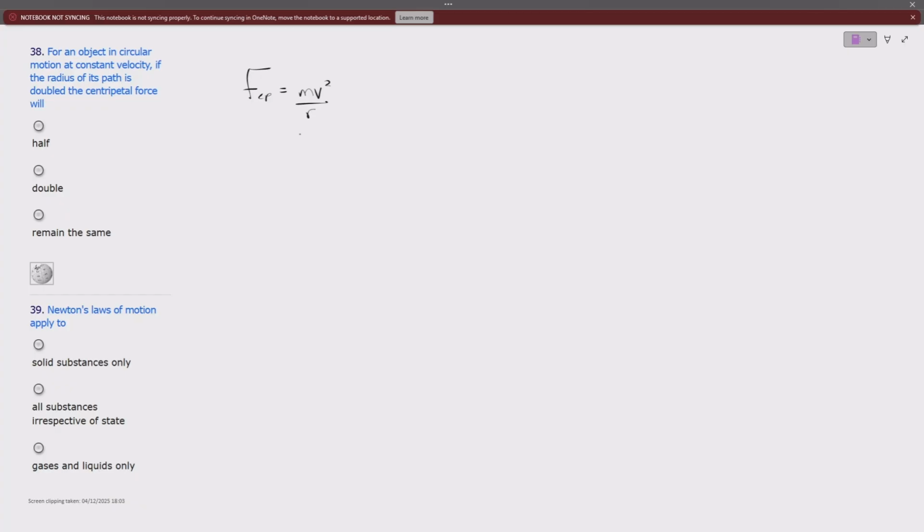And what the question is saying is that if the radius is doubled, that is going to be mv squared over 2r. This is the same as half mv squared over r, which means the centripetal force is halved. So that is the right answer.